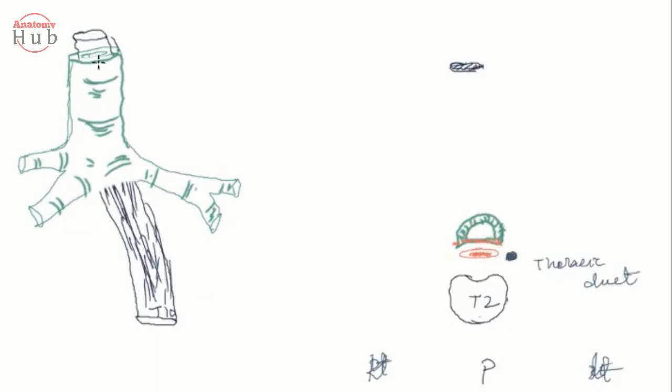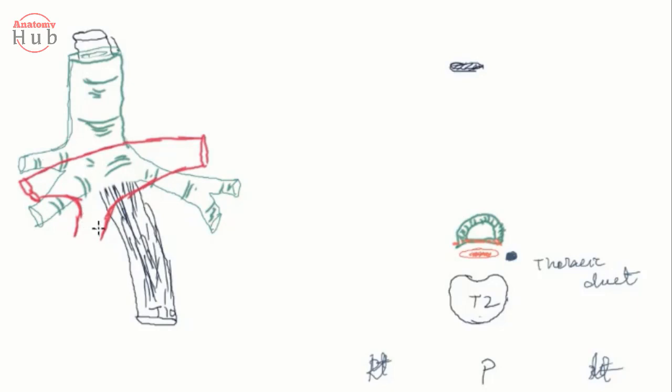Then here we have drawn this trachea, right? And here you will see in cross section how this trachea is present. Then just anterior to that, you will find a very important structure. This is your pulmonary trunk.